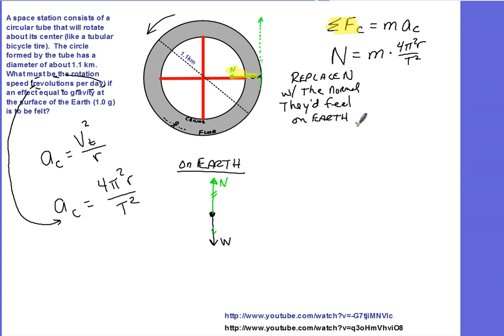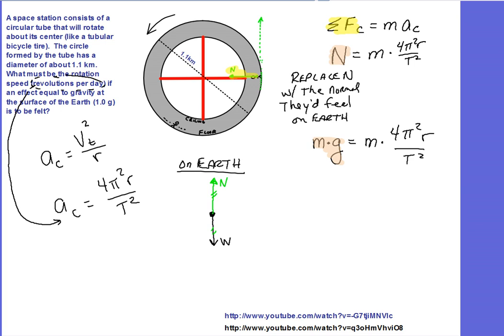Now, that would be equal to their weight, so let's go ahead and replace N with m times g. That is what they would feel on Earth. Now that would be equal to m times 4 pi squared r over t squared.